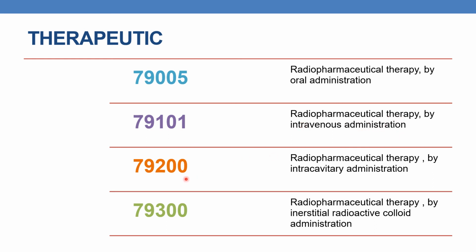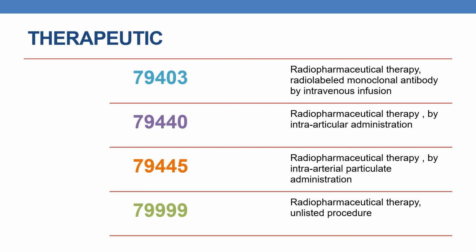The next is 79200. It deals with radiopharmaceutical therapy by intracavitary administration. Here additional codes are required. Next is 79300. It deals with radiopharmaceutical therapy by interstitial radioactive colloid administration. The next is 79403.